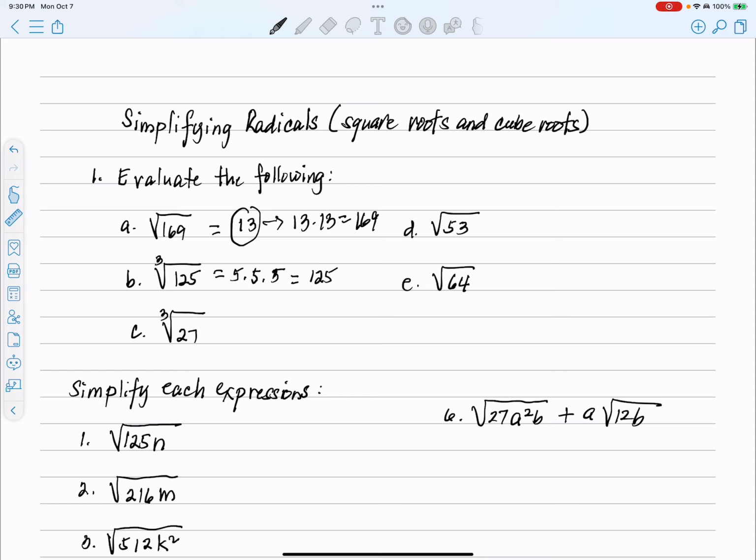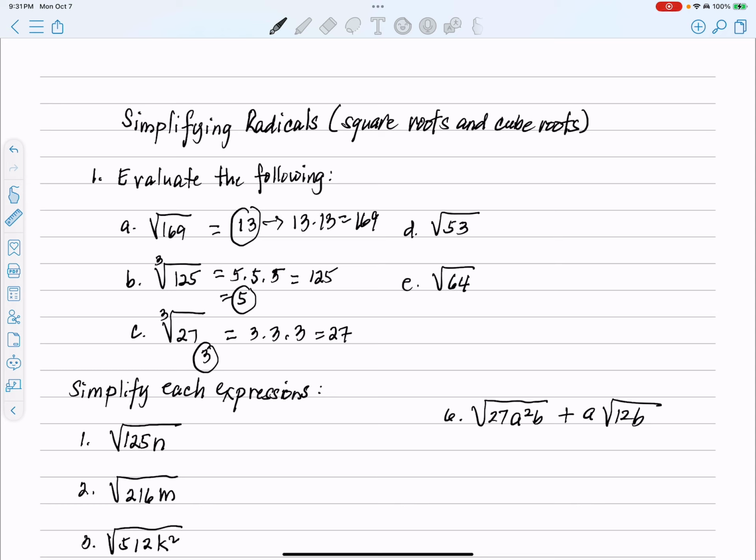So the cube root is equal to 5. Same thing with the cube root of 27. What number when you multiply 3 times will give you 27? And that is 3 times 3, that's 9, times 3, that is 27. So the cube root of 27 is equal to 3.